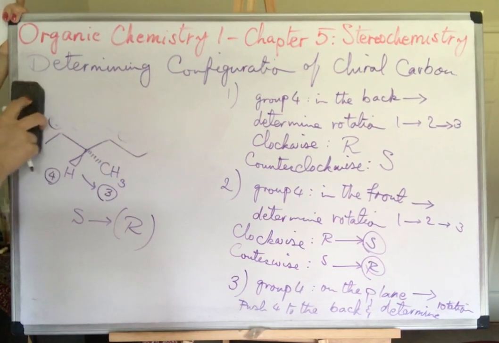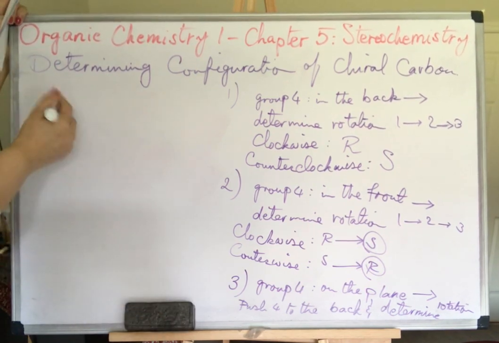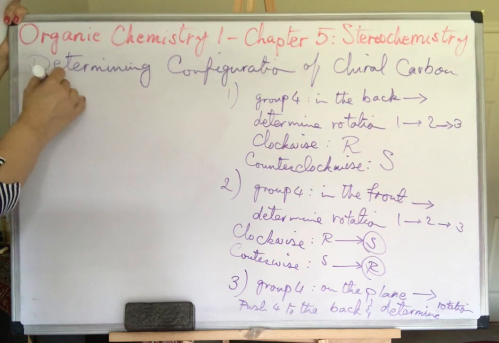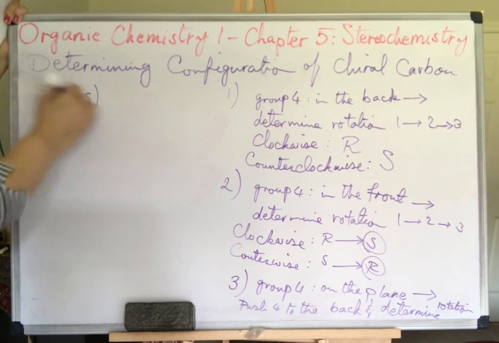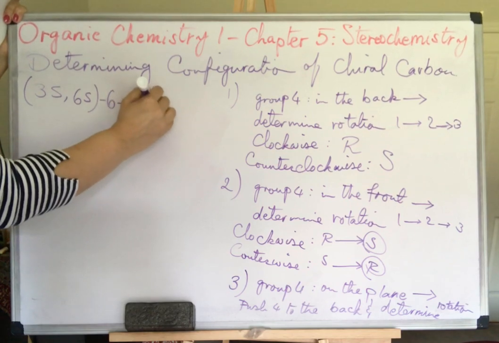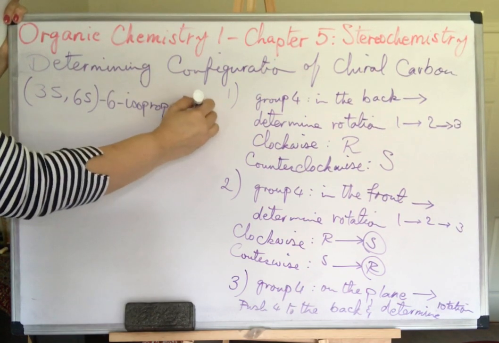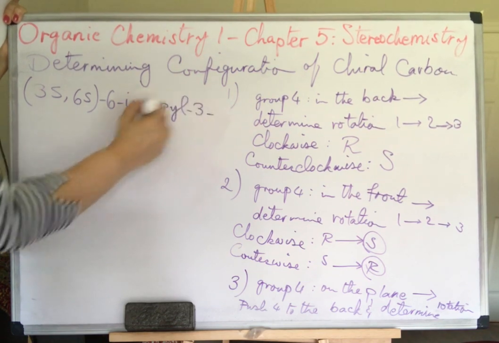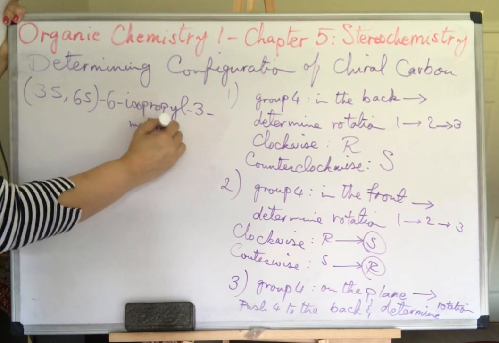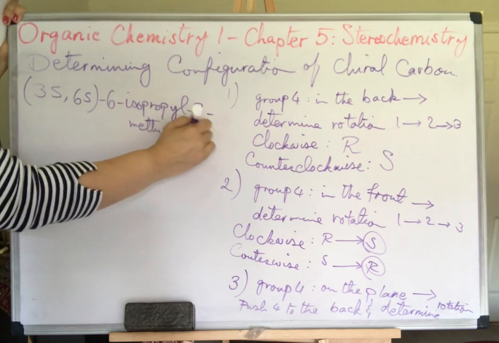The next one, which has 2 chiral centers, we're talking about 3S, 6S, 6-isopropyl-3-methyldecane.